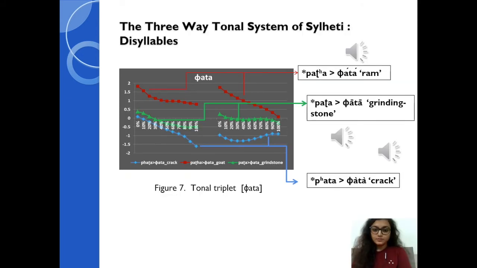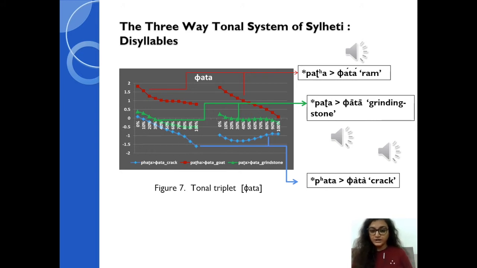So now we come to disyllables. It shows that all the onsets of the leftmost syllables changed to a bilabial fricative, and all the onsets of the second syllables changed from retroflex to alveolar stops. And the contrast was of aspiration, and we can see that the aspiration was in different onset positions.